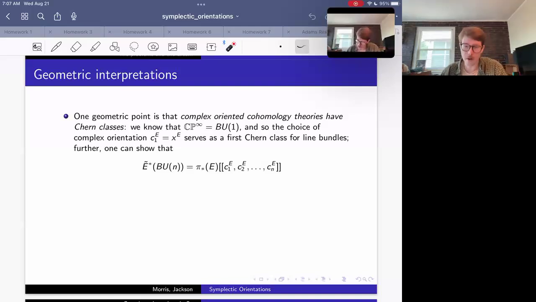And you can go on further with some spectral sequence arguments or what have you to get the following. If we evaluate this cohomology theory on the classifying space for U(n), where the n-plane bundles live, then it looks like this. And these generators, these c_i, are your Chern classes, where if you have a bundle, you just pull these back and they give you your Chern classes for your bundle. So we have a lot of really nice cohomological statements that we can make here.